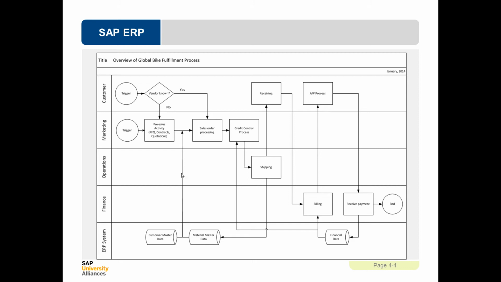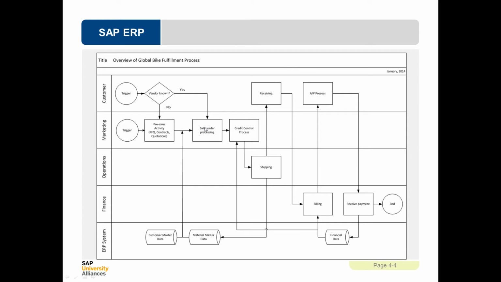But if the customer has not bought from us before, they may instead ask for us to provide them a quotation. They may have additional questions regarding the quality and delivery and price of the product or service that they're purchasing from us. So there'll be a number of pre-sales activities that could take place prior to the beginning of the sales order process.